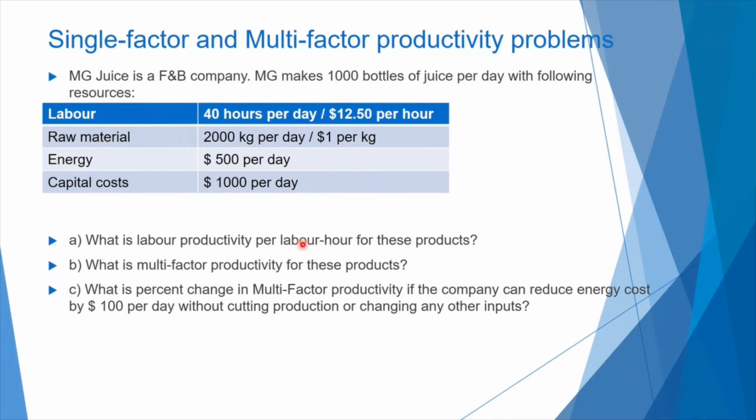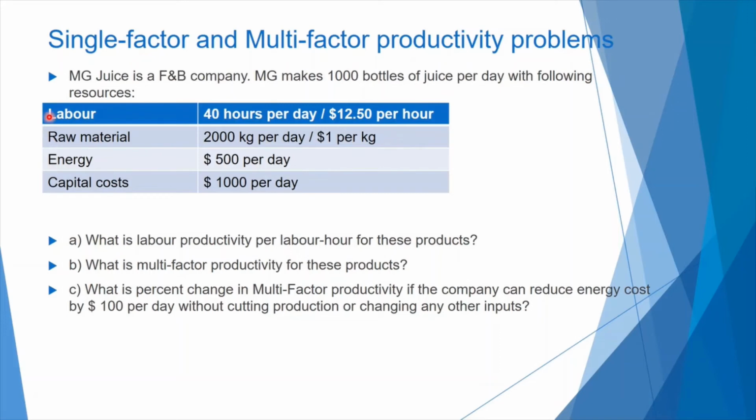So the last slide we have a problem here, single factor and multi-factor productivity problems. Let's imagine MG Juice is a food and beverage company. MG makes 1,000 bottles of juice per day.